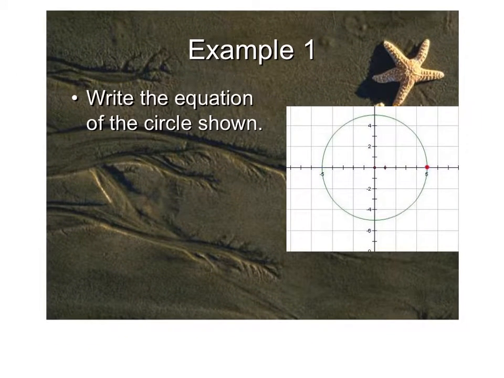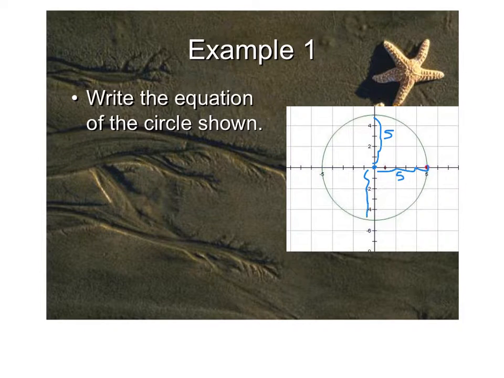It wants us to write the equation of the circle that's shown. Notice the center is located at 0, 0. I need to find the length of my radius. The easiest way to find it is think about the compass, north, east, south, and west. So if you were to count how many spaces it went up north, it went up 5 spaces. Or if it went to the side, notice this point here on the edge of the circle is at 5.